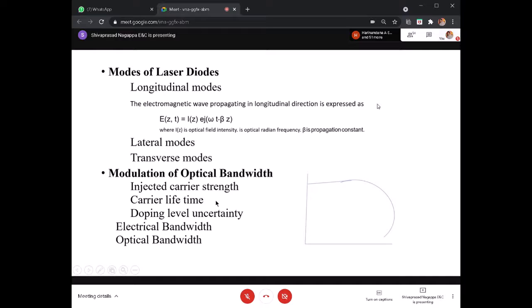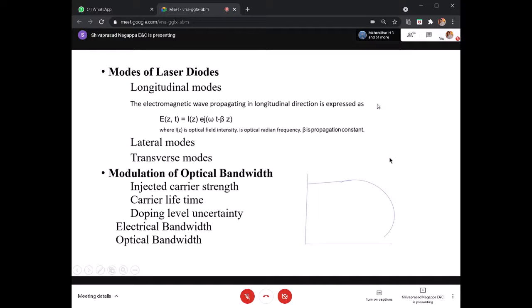Suppose the photons incident on the material liberate energy and shift from one energy level to the other.